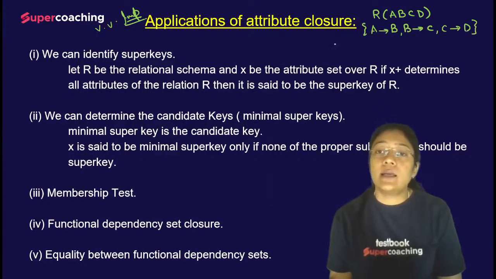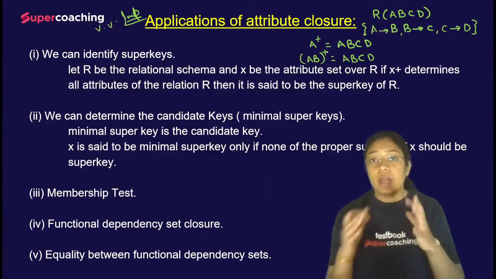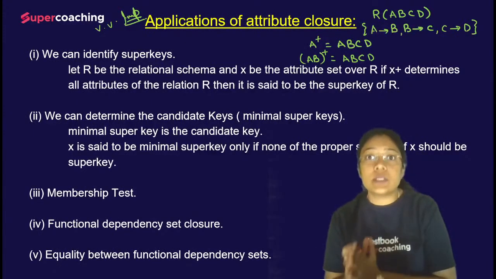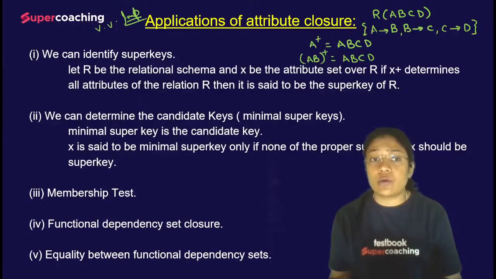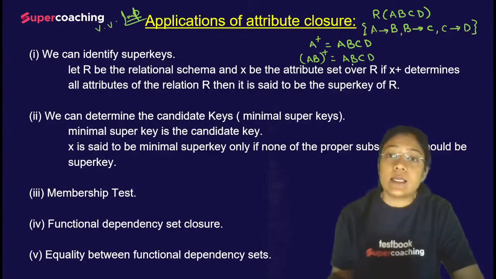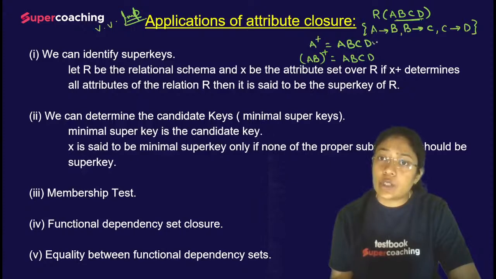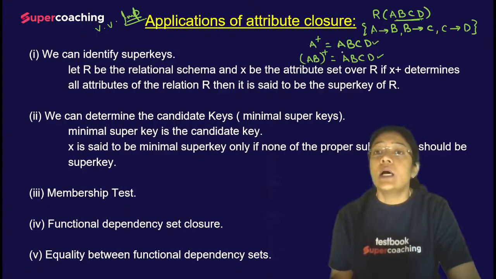So here we had calculated A closure. A closure was coming out to be A, B, C, D. And if I find out AB closure, that is also going to return ABCD. So if the attribute closure of any attribute or attribute set is determining all the attributes of a relation, then it is known as the super key. अगर सारे के सारे attributes determine हो रहे, relation R में हमारे पास 4 attributes है ABCD, चारों attributes आ रहे, so it is known as the super key.